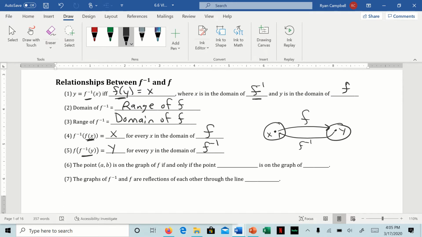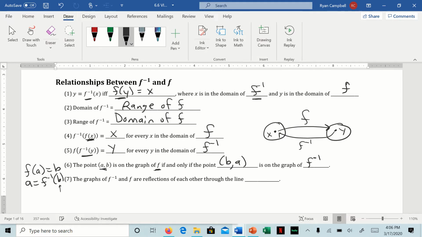All right, if our point (a, b) is on the graph of f, then that means the point (b, a) is on the inverse. Remember, if a point is on the graph, what we actually know is f of a equals b, which would mean that on the inverse, a equals the inverse of b. So what did we plug in?